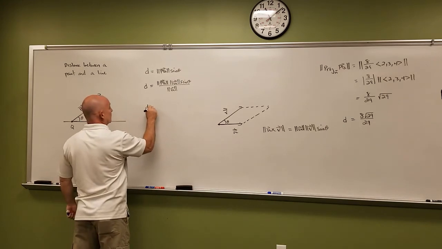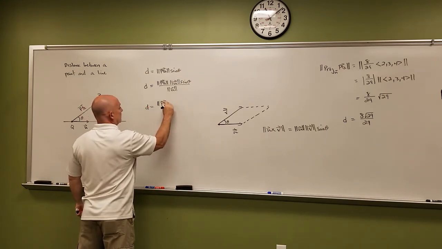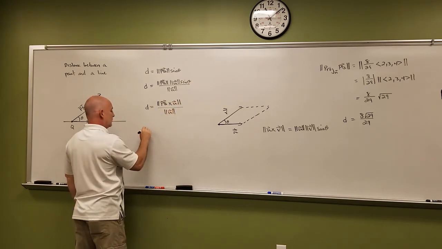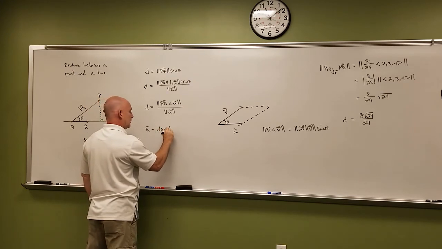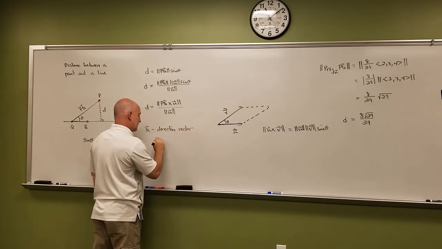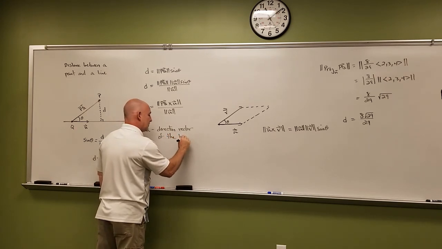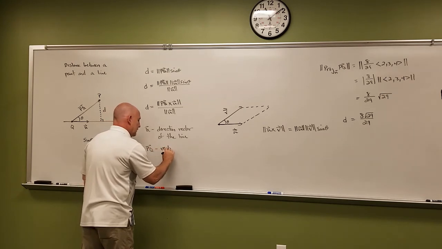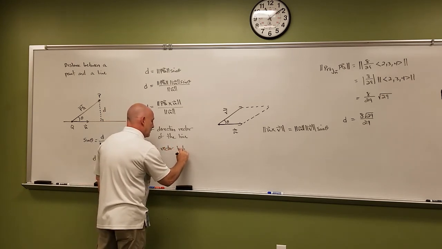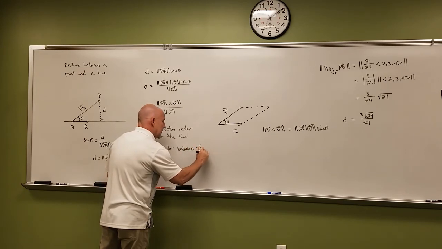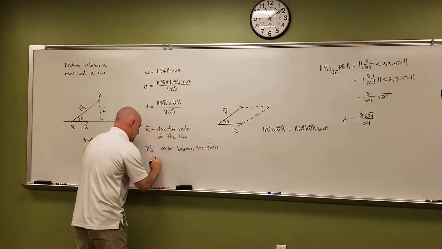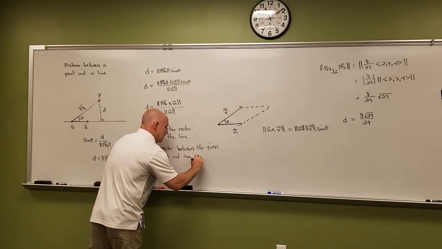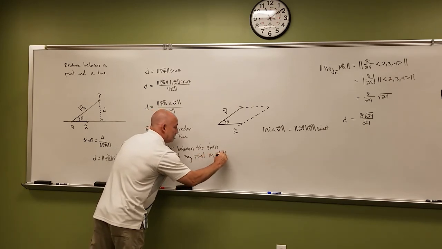So the distance here would just be the magnitude of PQ cross u all over the magnitude of u, where u is the direction vector of the line, and PQ is the vector between the given point and any point on the line.